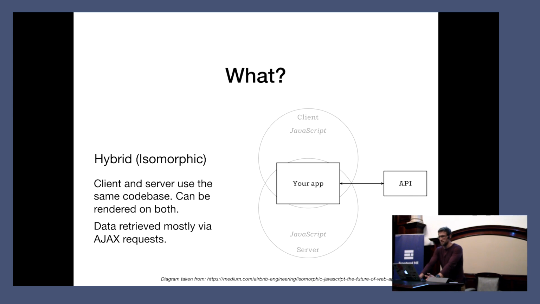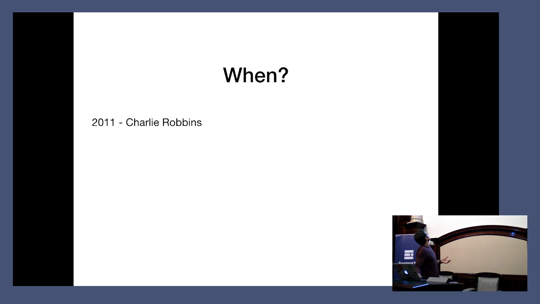So when did this kick off? When did the whole universal or isomorphic JavaScript thing start? The first mention of it was in 2011, which is only a couple of years after Node was released. I think it was 2009, 10, sometime around then. It was Charlie Robbins. He said that JavaScript is essentially an isomorphic language because since Node.js, it can run both on the client side and the server side.